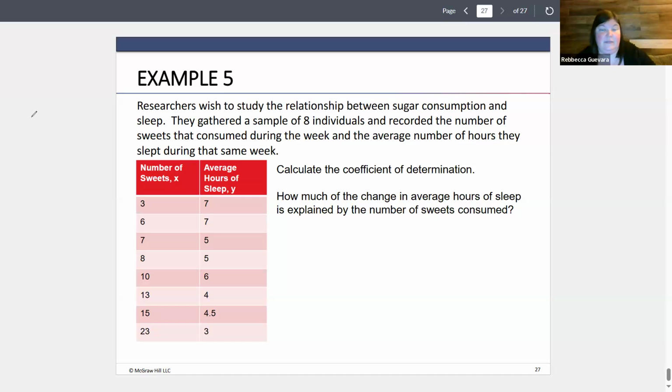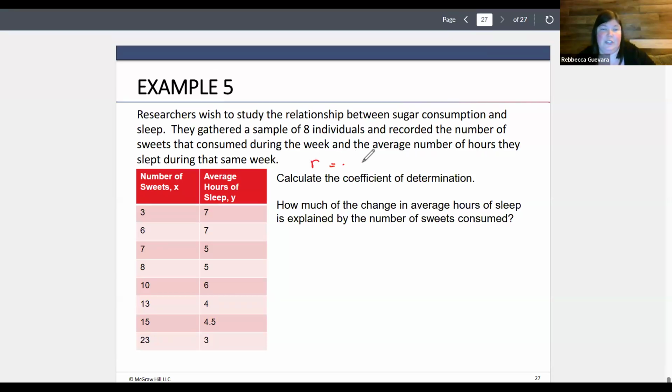Okay, so for this data, I believe our correlation coefficient was negative 0.874. So if I want to figure out my coefficient of determination, I just need to square that. And I'm actually going to need a calculator for this one.